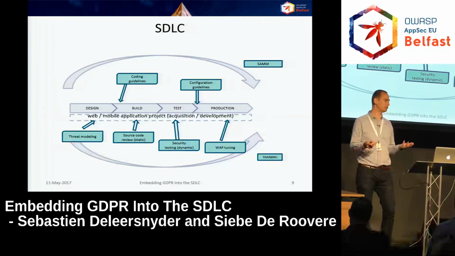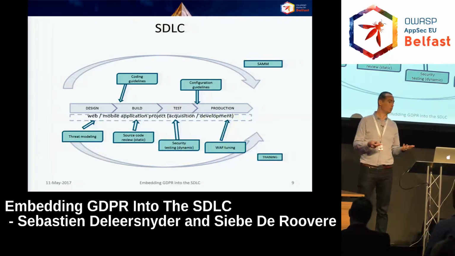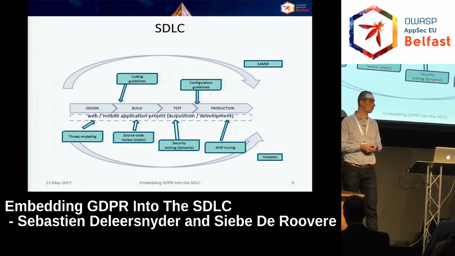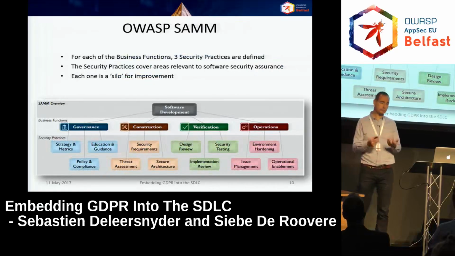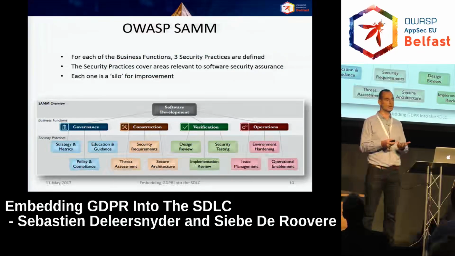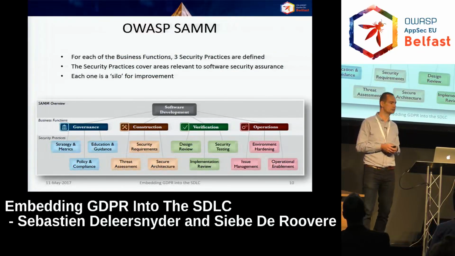Maybe you know of Microsoft SDL. What we use in our practice is OWASP SAMM. OWASP SAMM is the Software Assurance Maturity Model, on which I'm one of the co-project leaders, so it's not a coincidence that we're using this one.